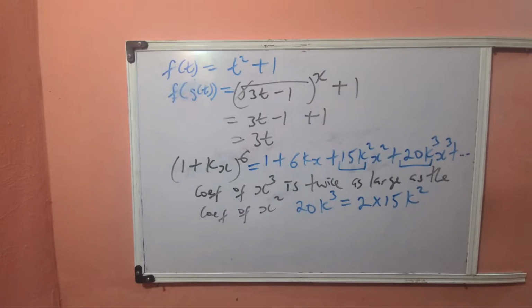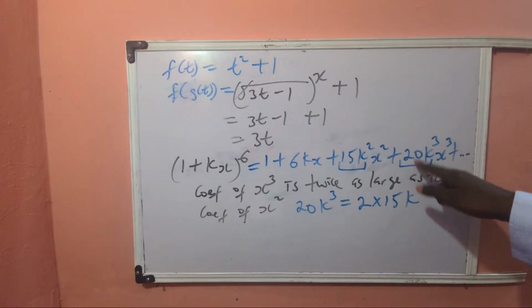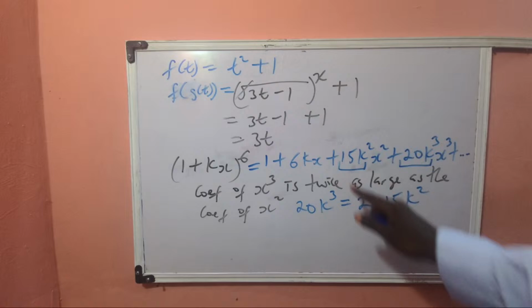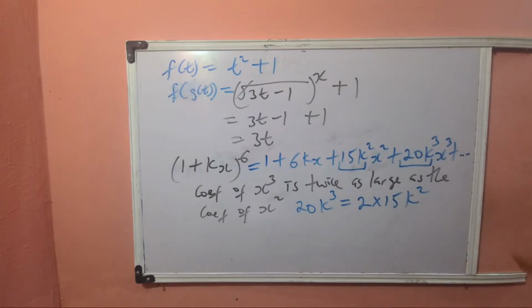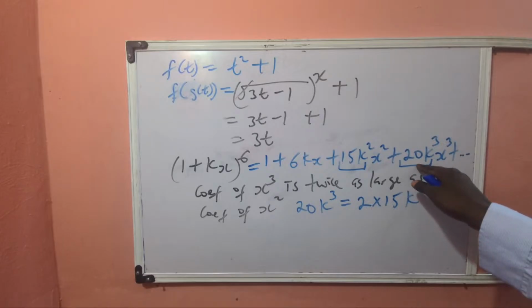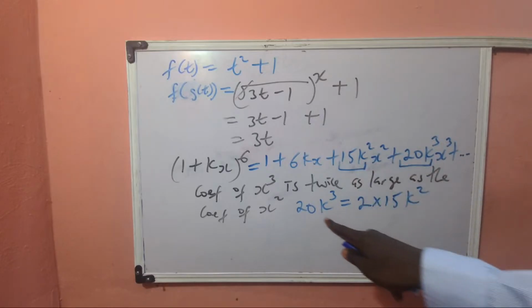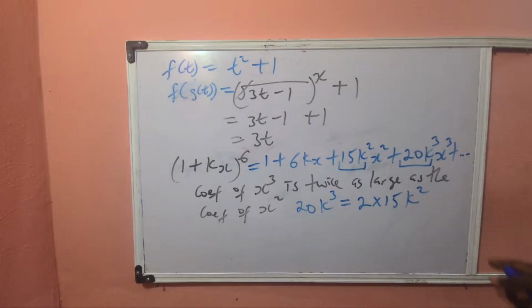The condition given was that the coefficient of x cubed is twice as large as the coefficient of x squared. Now, this is the coefficient of x cubed. This is the coefficient of x squared. If you're going to write this mathematically, you have to write it like this. Because when you say the coefficient of x cubed is twice, that means the coefficient of x cubed is 2 times the coefficient of x squared.